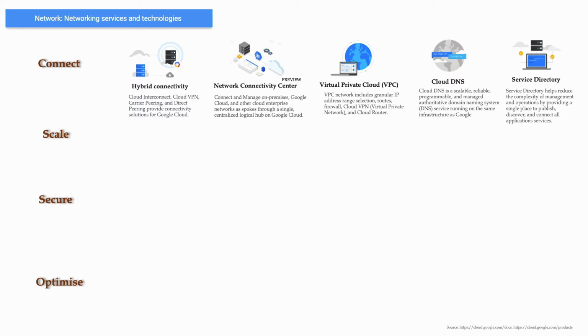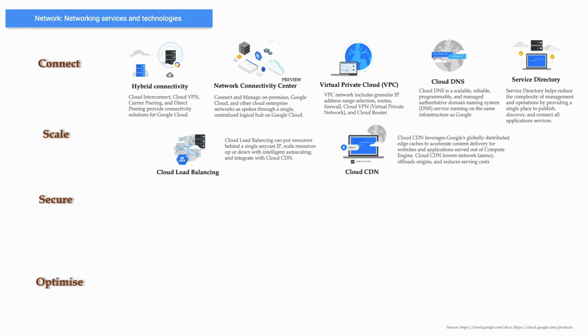When it comes to scale, there is cloud load balancing, which we have discussed before. It basically puts all of your resources behind one single anycast IP. You have external load balancers and internal load balancers, and it integrates with Cloud CDN.